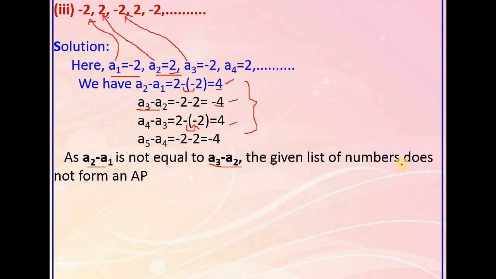So the given list of numbers does not form an AP because the common difference is not the same. If the given list of numbers does not form an AP, then it is not an arithmetic progression.